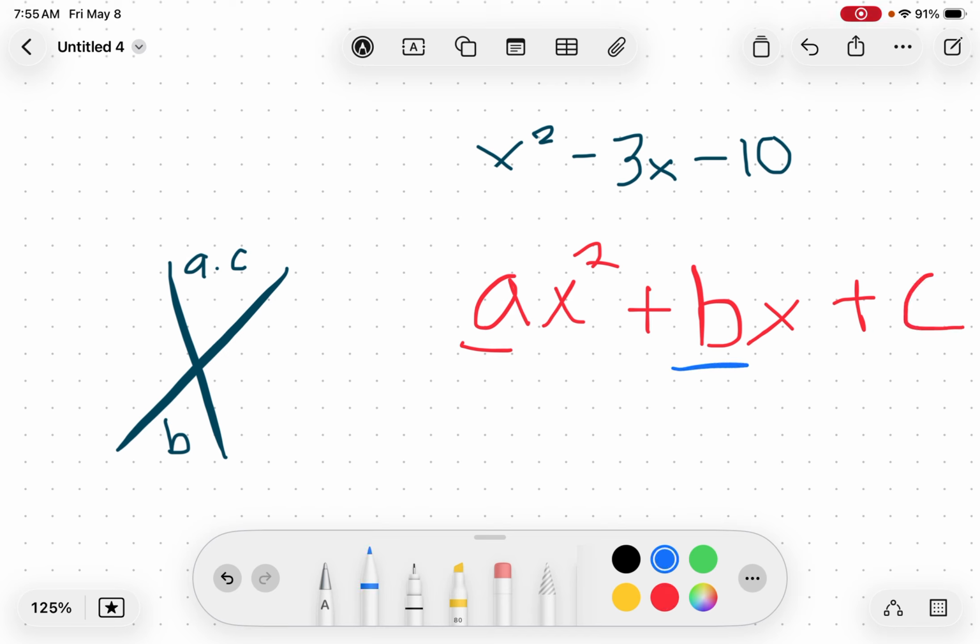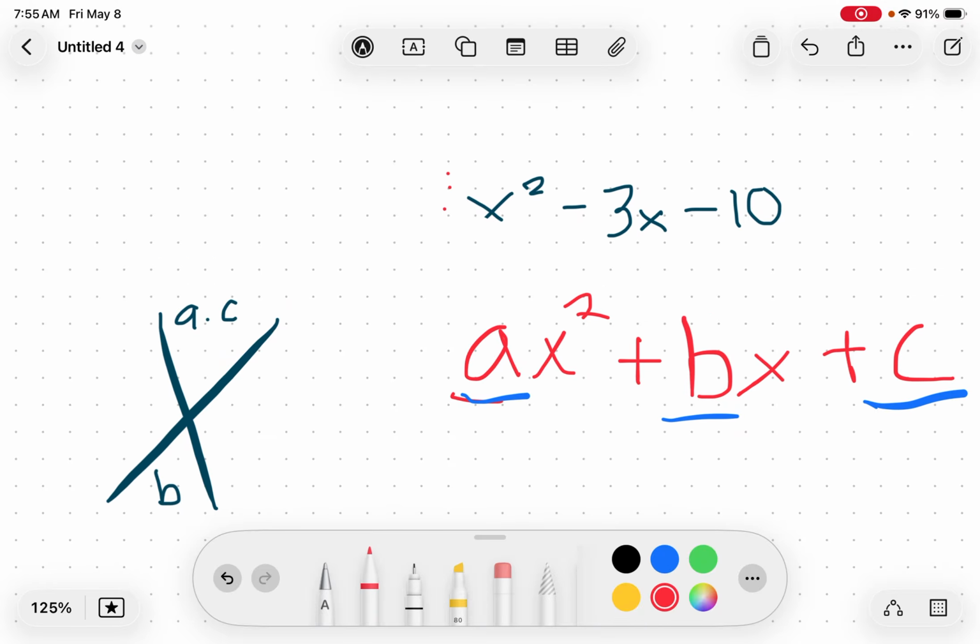So when I'm talking about A, B, and C, I'm talking about the first coefficient, the second coefficient, and the constant. Okay, so right here, my A for this first one would be 1, and 1s are invisible, so we got A as the 1, and -3 would be my B, and then -10 is my C.